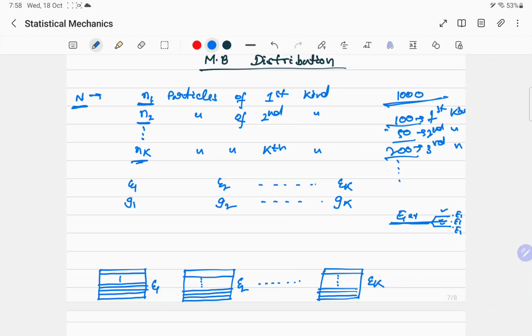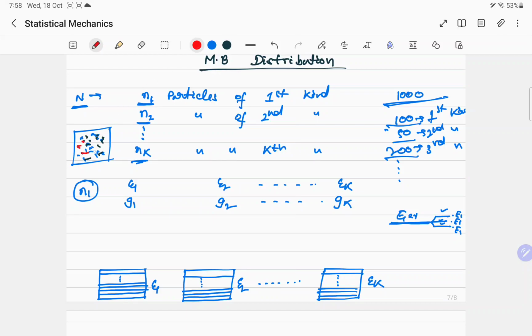Now our task is to arrange n1 particles. I have to take n1 particles from n particles. Suppose this is a box with many red balls, green balls, blue balls, and black balls.